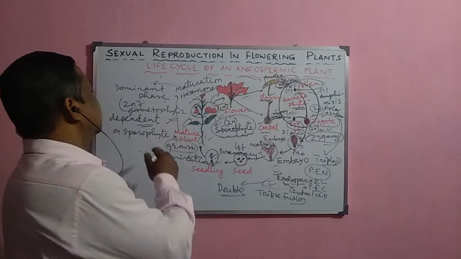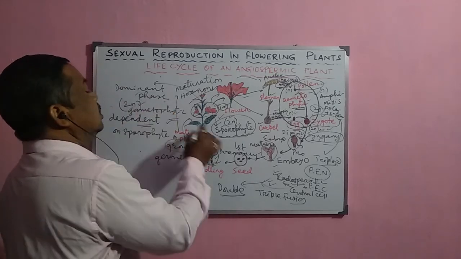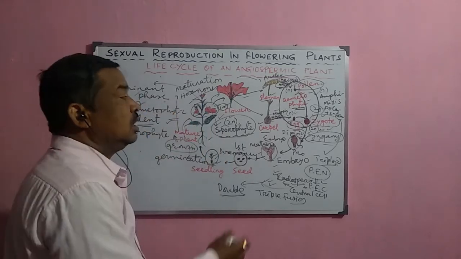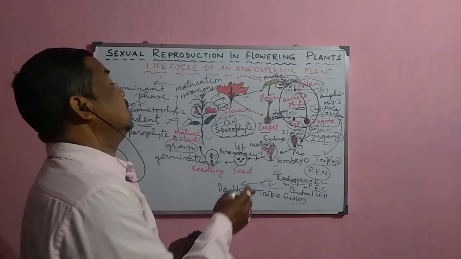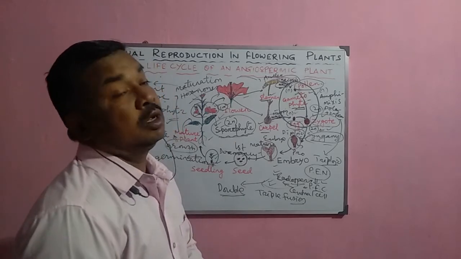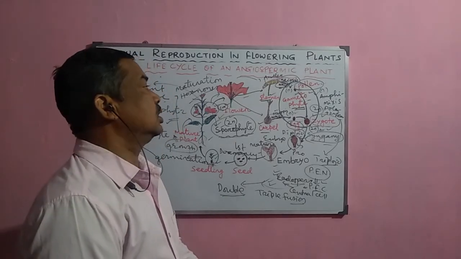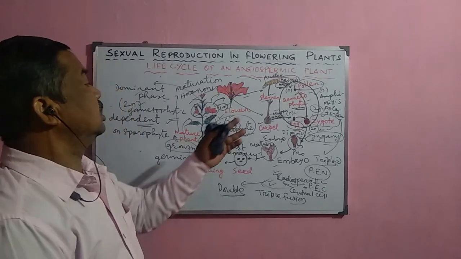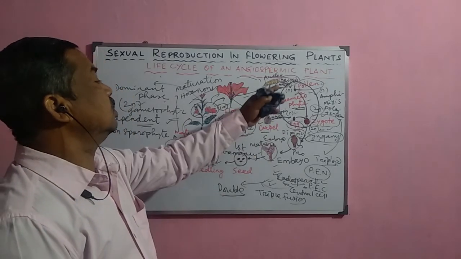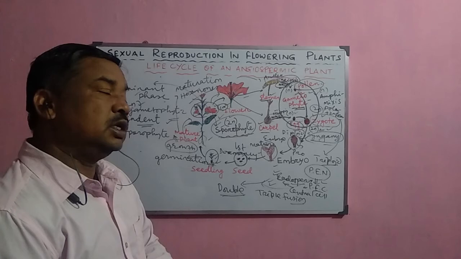This dominant phase is the sporophytic phase, and the recessive or dependent phase is the gametophytic phase. Both phases alternate with one another, but here one is the dominant phase and the other is the dependent phase, going on in the same plant year after year.